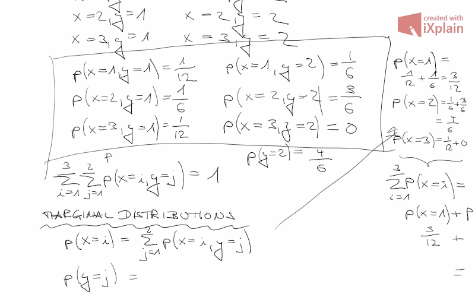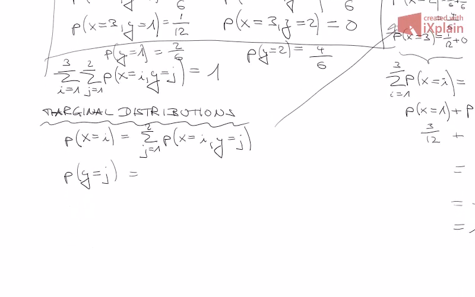And Py equals 1 is 1 over 12 plus 1 over 12. That's 1 over 6 plus 1 over 6. That's 2 over 6. And again, you already see there that this 2 over 6 plus 4 over 6 is again 6 over 6. So it's again normalized.